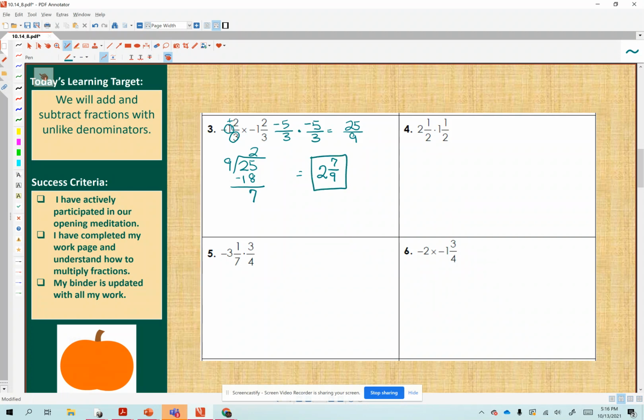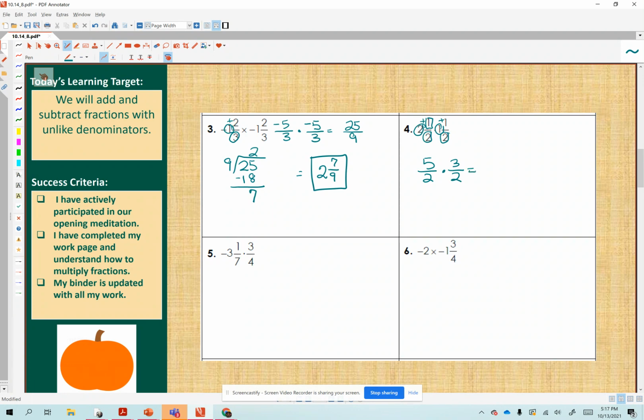And then on to number 4. We will convert these both to improper fractions. So 2 1/2 is 2 times 2 is 4, plus 1 is 5/2. Denominator stays the same, 2 times 1 is 2, plus 1 more is 3/2. And I don't see anywhere where we can simplify this with the cross product simplification.